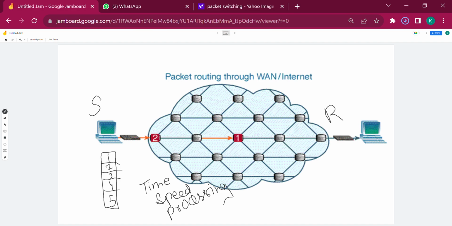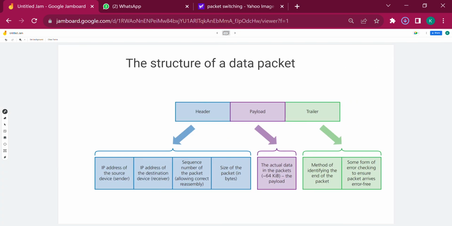Every packet has an ID, and when it is received at the destination, we reassemble the packets to retrieve the original message. So let's go through the structure of each packet that is made from the whole data.